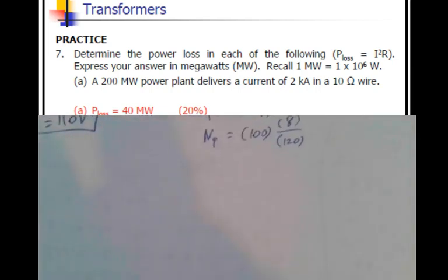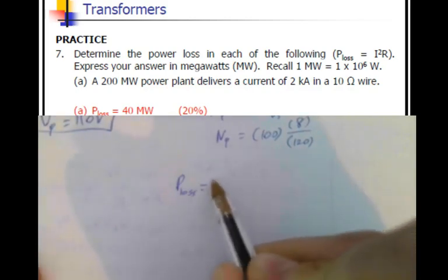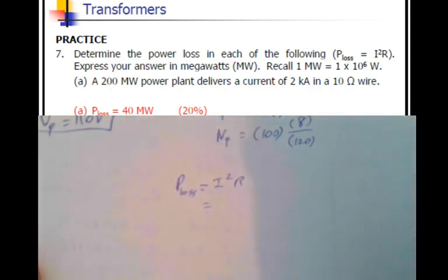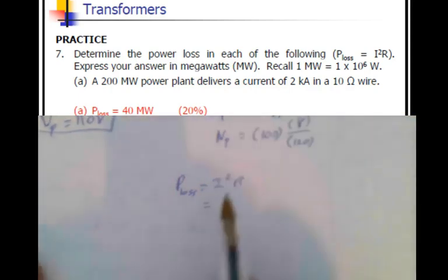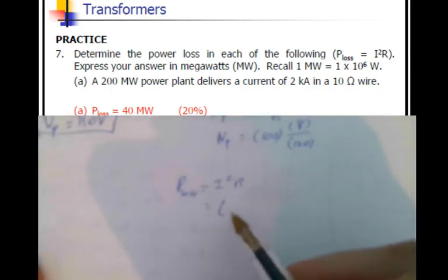So our power loss is determined by the I squared R value. You could calculate power in a number of different ways using voltage as well, but if we're transporting the energy using a high current, we would use this power loss equation.